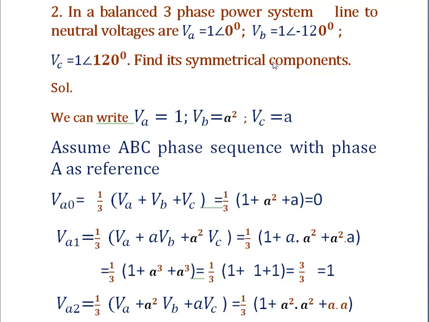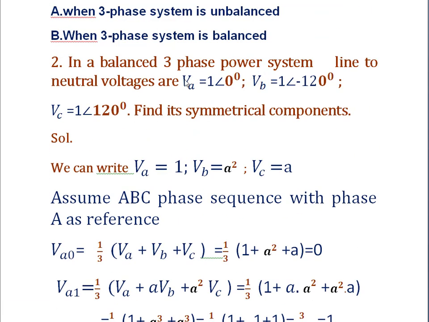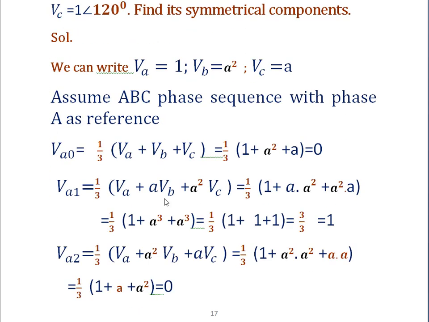So for a balanced system, the positive phase sequence voltage is equal to the main or original phase voltage. Next, what is the negative phase sequence component for this system? We know the negative phase sequence voltage VA2 is equal to 1/3 into (VA plus a square into VB plus a into VC).